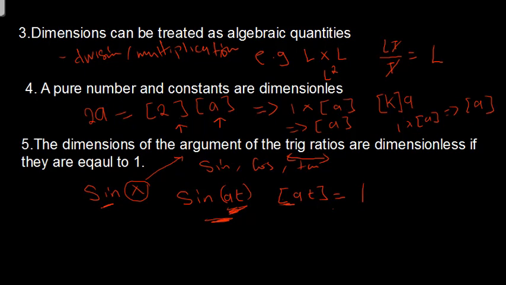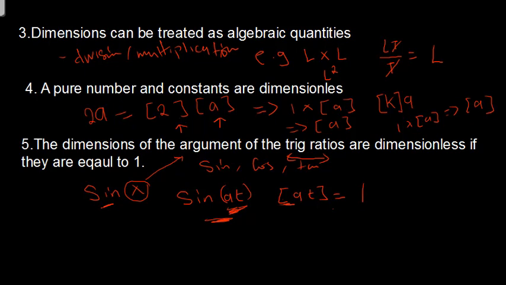And we'll be able to see that through an equation. I must mention that for an equation to be homogeneous, for an equation to be dimensionally correct, all these 5 rules must work together. If only one of them is broken in an equation, then the entire equation becomes dimensionally incorrect.